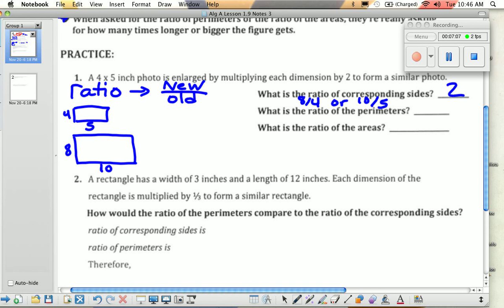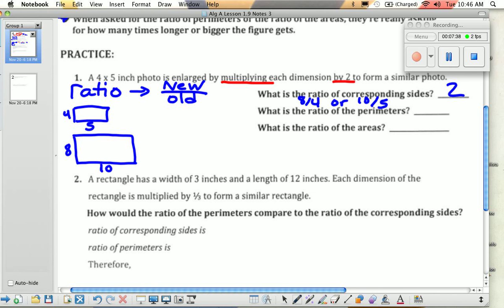And what did we say above? The ratio of corresponding sides is the same as the what? Scale factor. And how do we know that 2 is the scale factor? We multiplied by 2, didn't we? Multiplying by 2 tells us the scale factor is 2. The ratio of corresponding sides really is the same thing as the scale factor, so we should have ended up with 2, or we did something wrong.